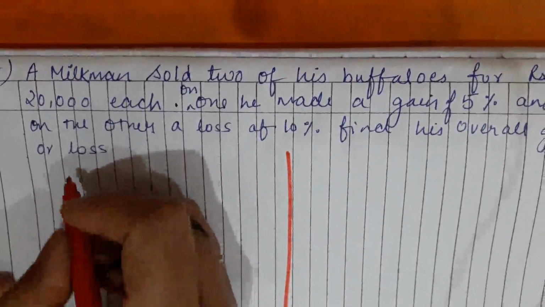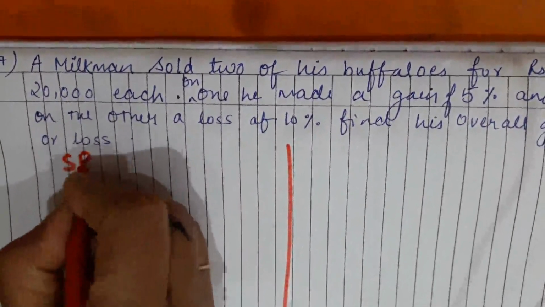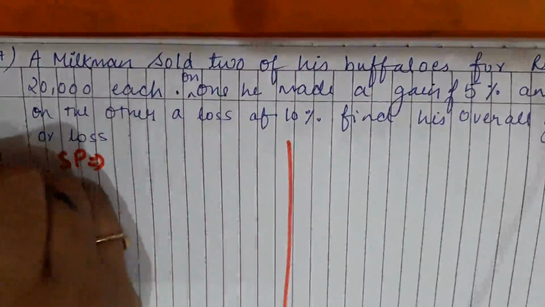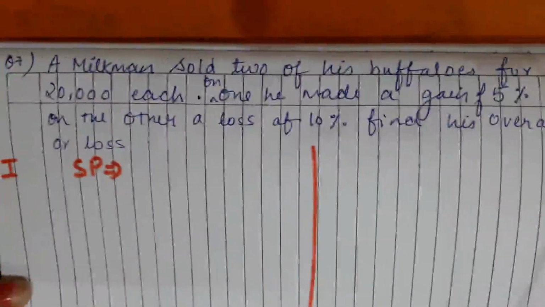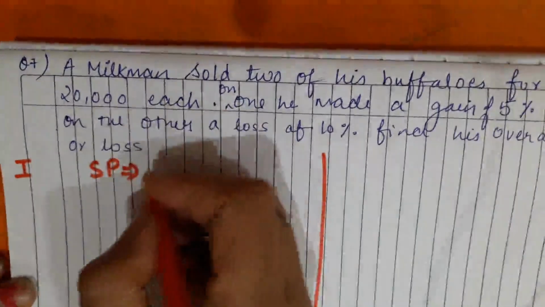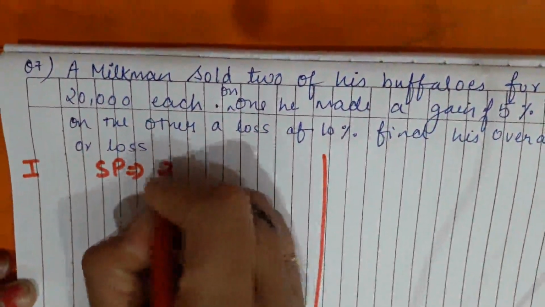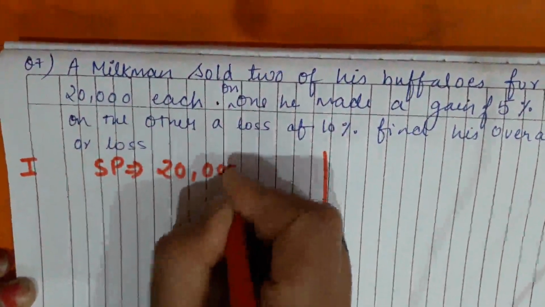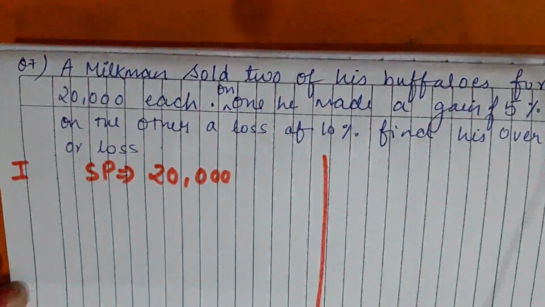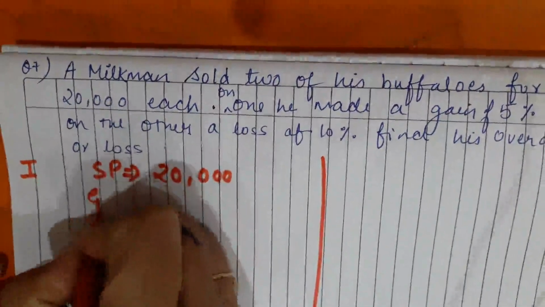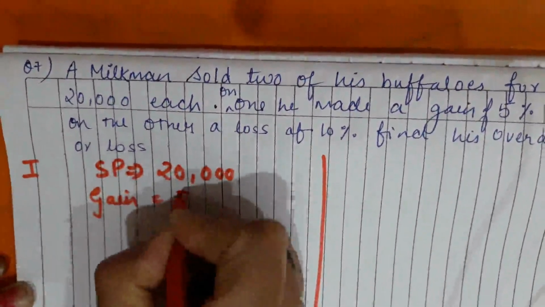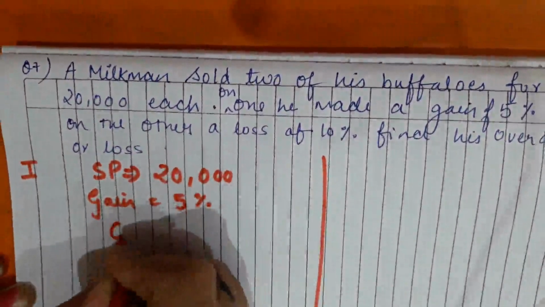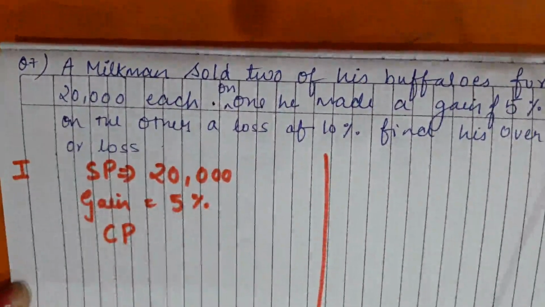selling price is given. So SP, we are talking about the first buffalo, the selling price is 20,000. In the first buffalo he faced a gain of 5%. So we don't know the CP of the first buffalo.